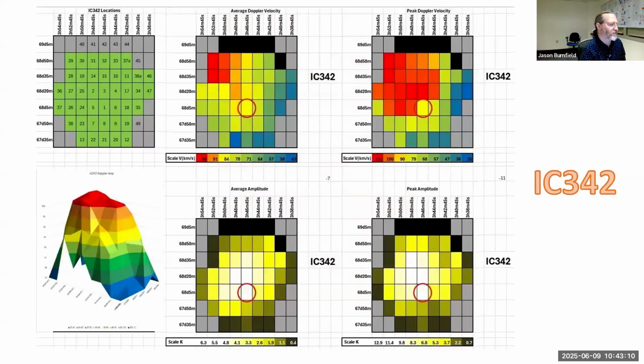IC342 was the most interesting, I thought, because it extended so much beyond the optical, and it's very asymmetrical. When I saw that initially, I was kind of questioning the integrity of my analysis.